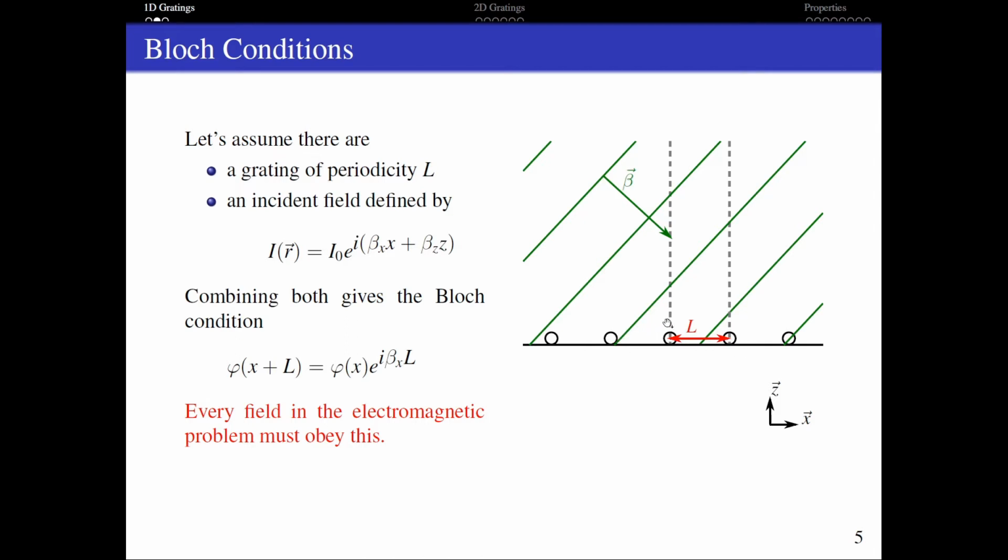This is a symmetry argument, except that since our incident field is tilted, we have a difference in, let's say, the time response between this particle and this one. This difference in time is translated into a difference in phase when you look at the permanent problem.